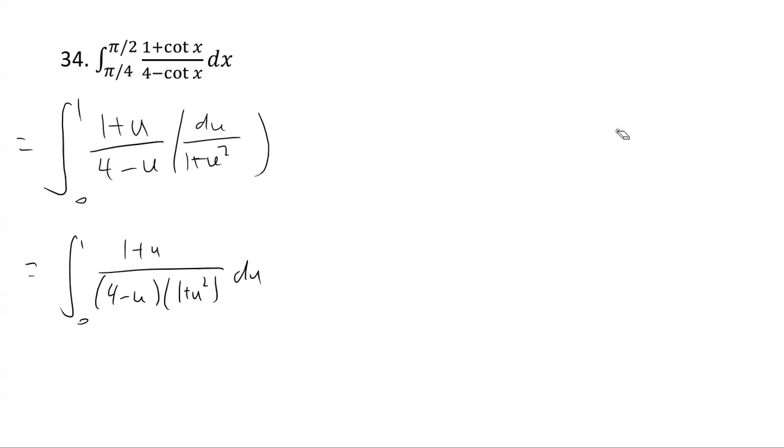So we have 1 plus u over (4 minus u)(1 plus u squared). This is a over 4 minus u, plus (b u plus c) over 1 plus u squared.